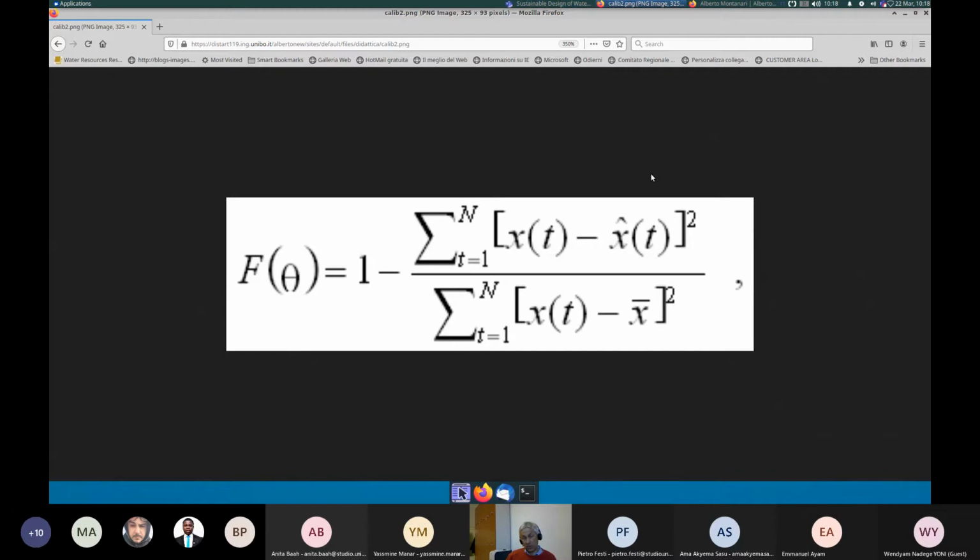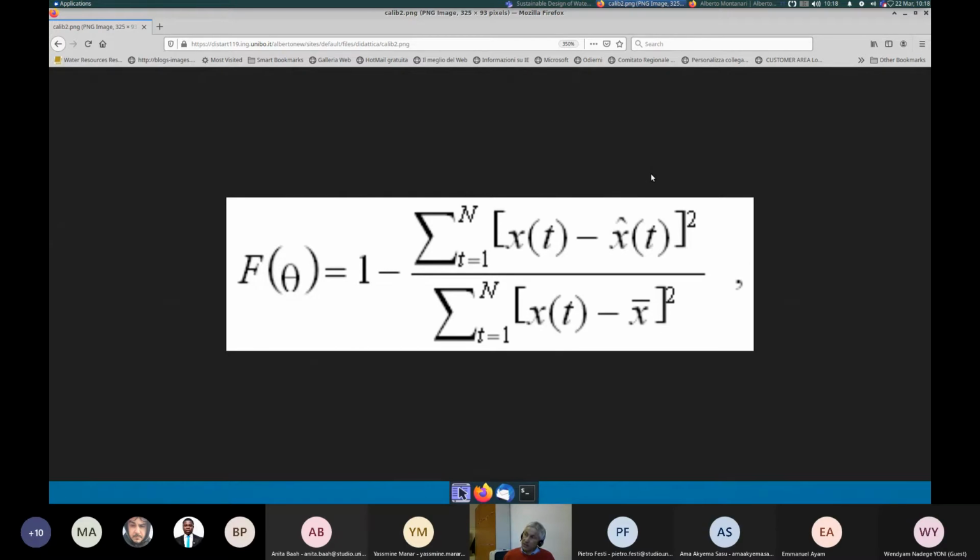So this denominator doesn't depend on theta. The only thing that depends on theta is X hat. Okay? Now, let's look at the denominator. It doesn't depend on theta. You can compute it only based on the observations.